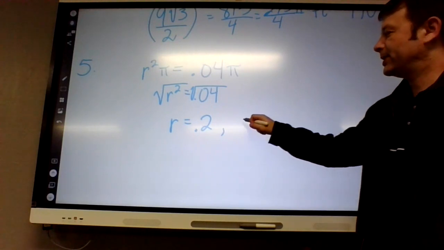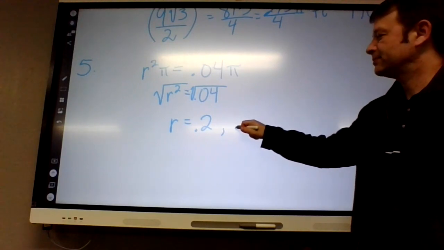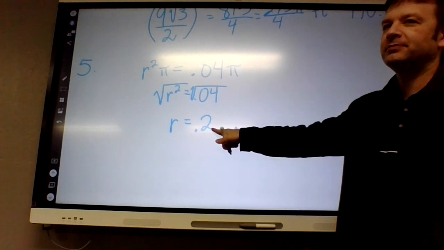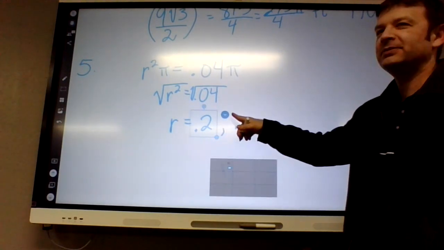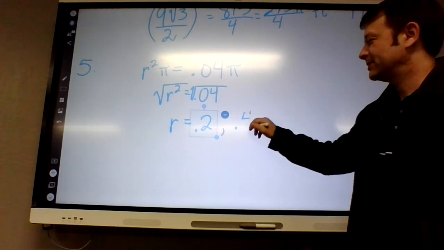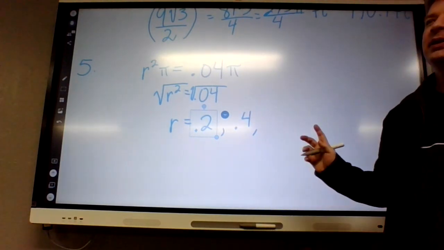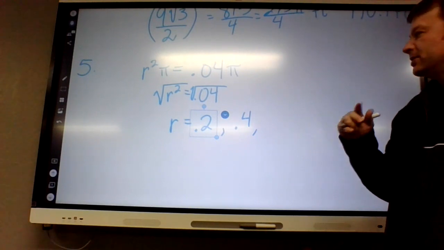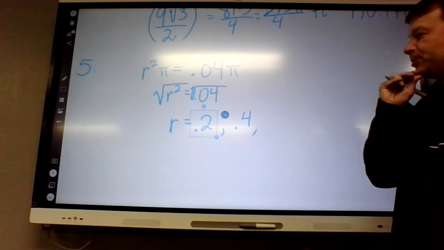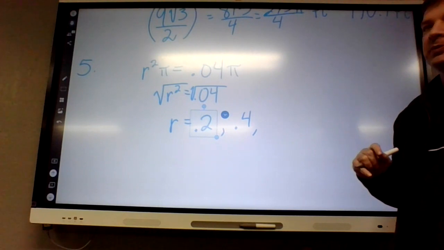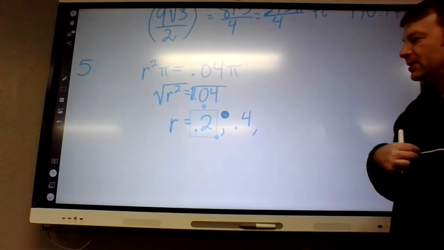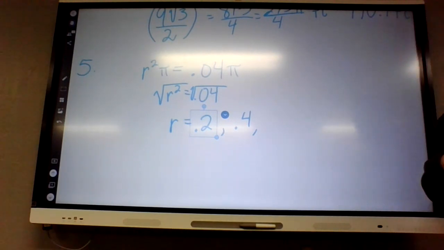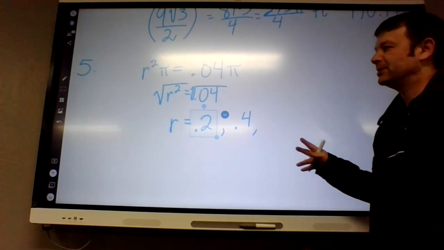So what will that be then? 0.2 times 2. 0.4. Okay, and then, okay, Anna, if the diameter is 0.4, what would the circumference be? 0.4 pi, yes. And Shannon, if the radius is, wait, we already have the area, never mind. Forget that.